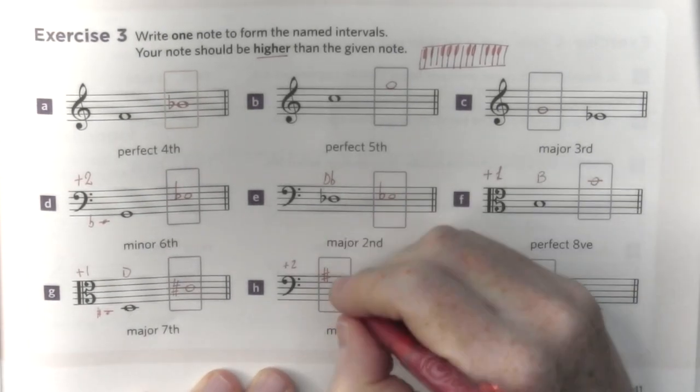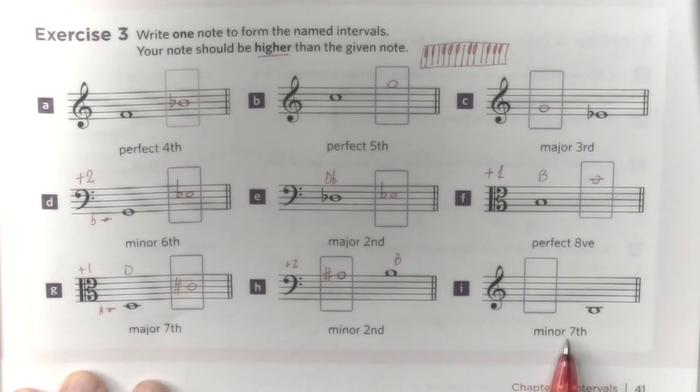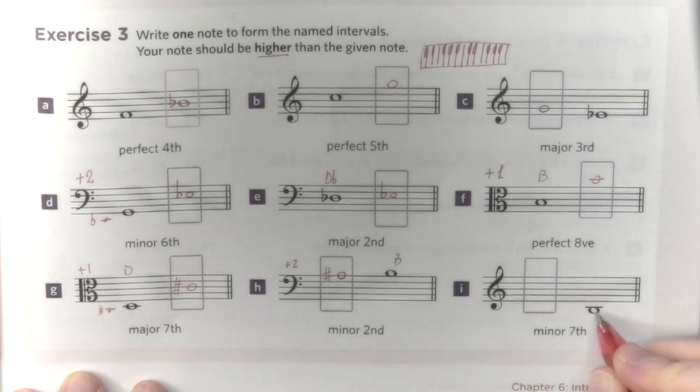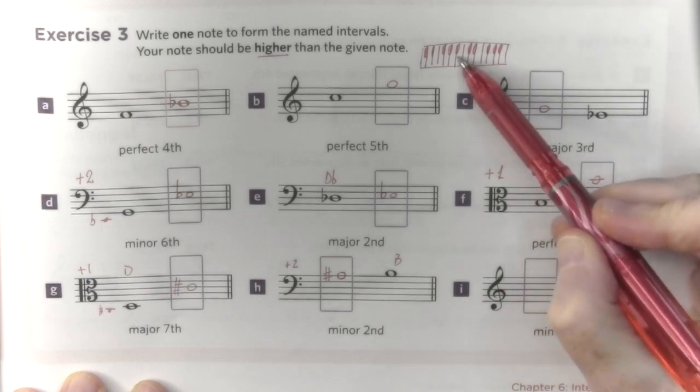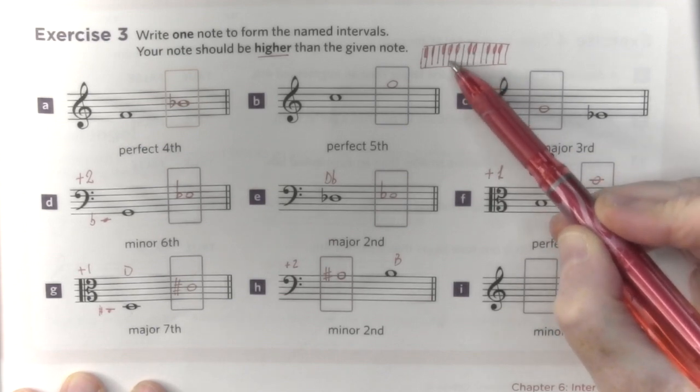Untidy. A minor seventh from B. I create a major second below. So C, La. Now, C, 1, 2, La. This is a major second already.